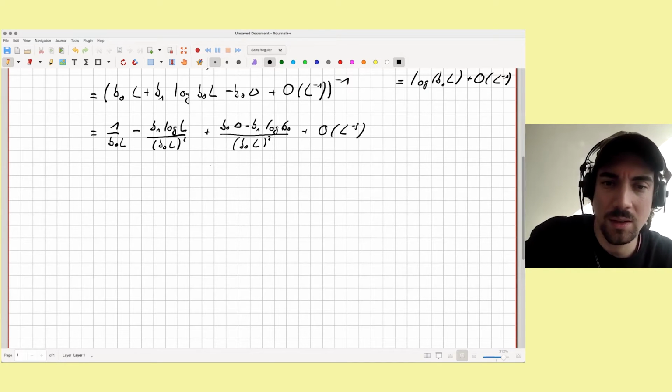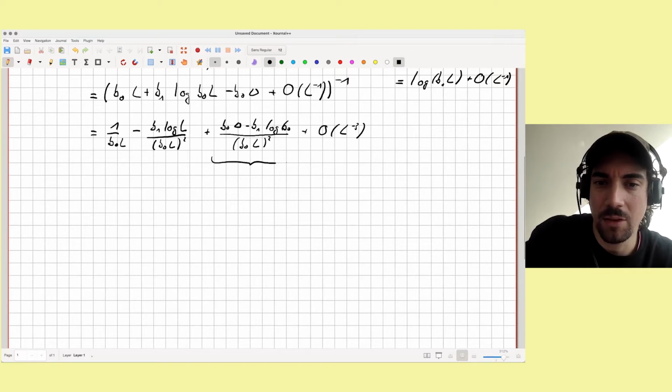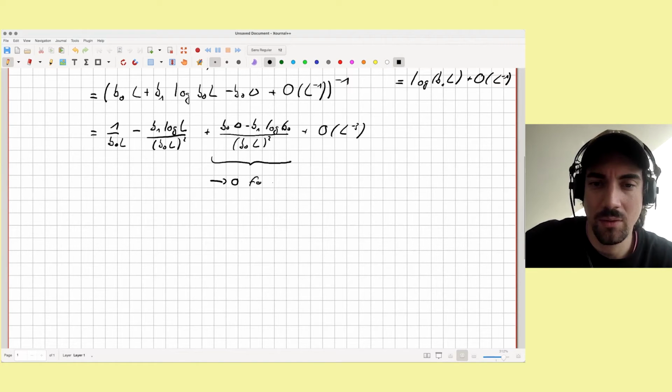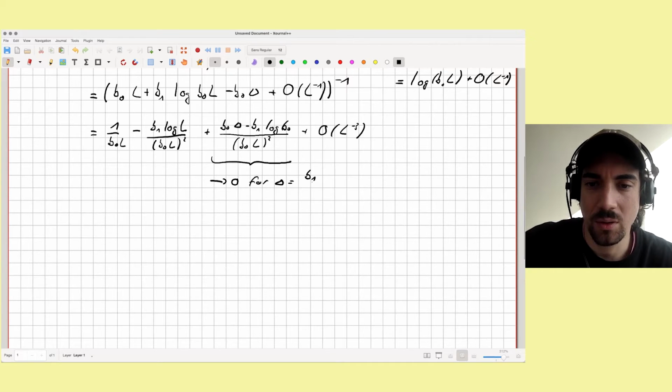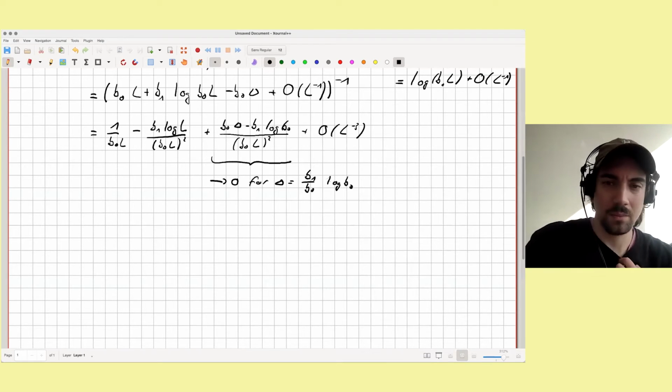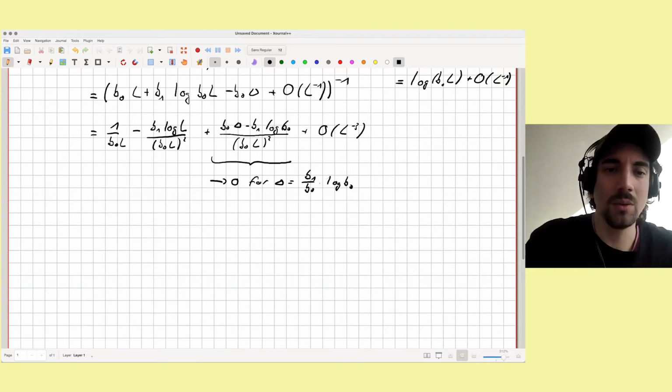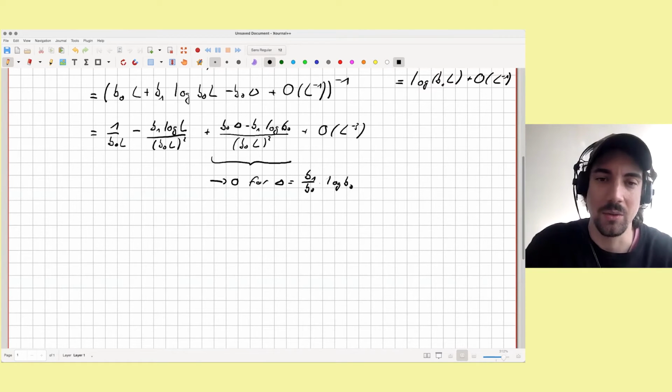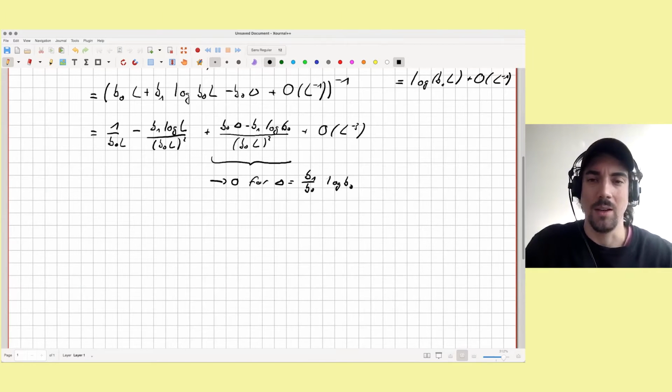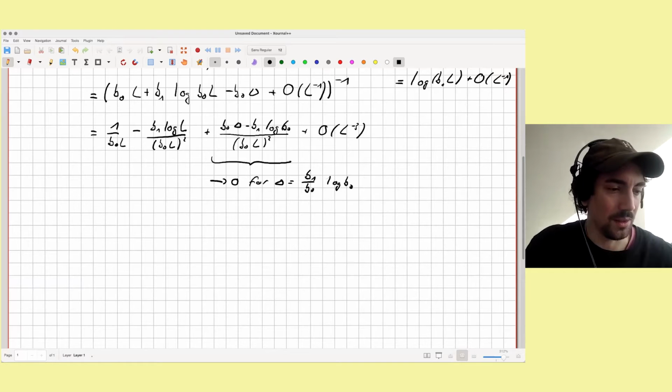And so here, this expression, for a clever choice of delta, is 0 for delta equals B1 over B naught times the log of B naught. All right, so this is what we had to show. And this already also explains why it's really useful to use this delta parameter here. Are there any questions regarding this exercise?